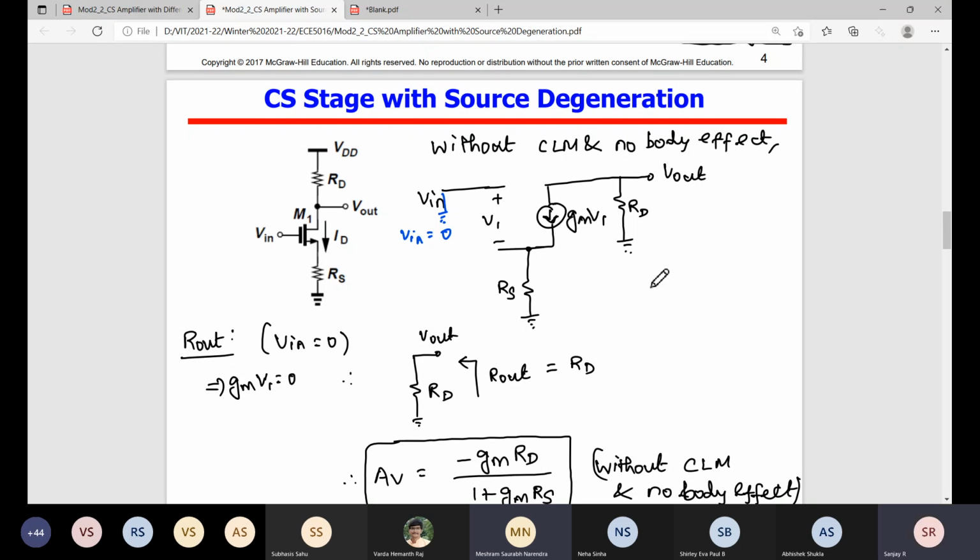So V1 equal to, let me write it, Vin minus Vs. It's not a V1. So V1 equal to minus... This should be 0.